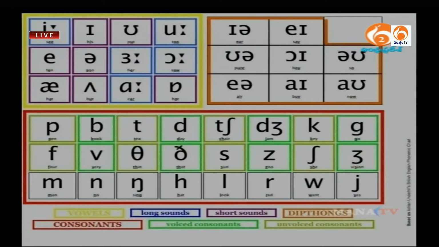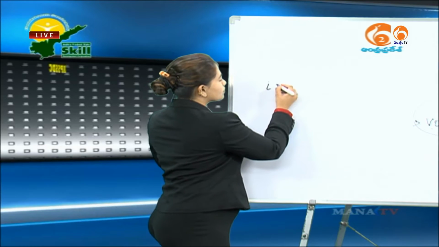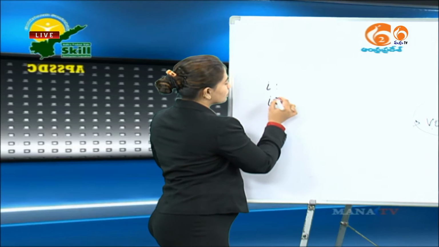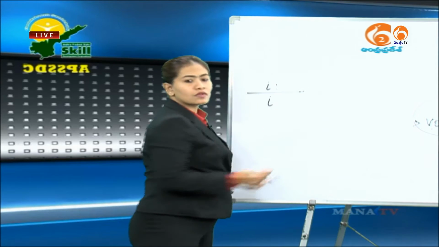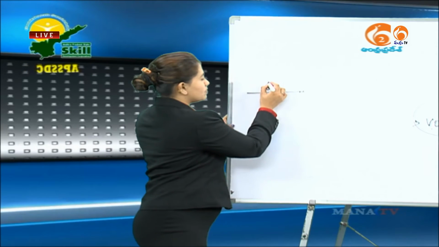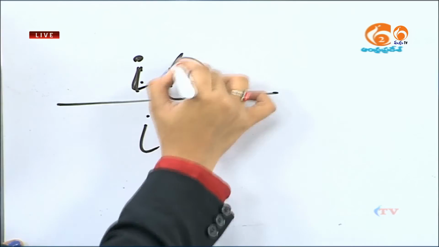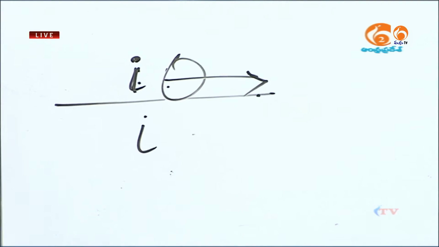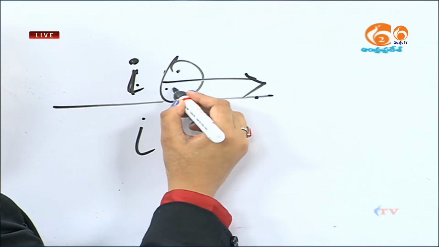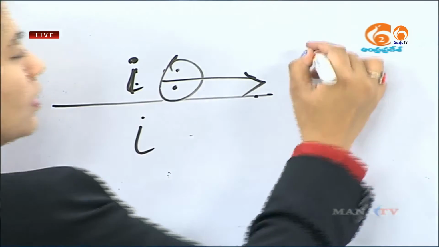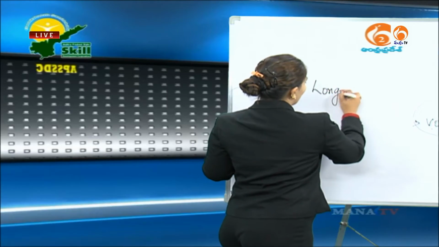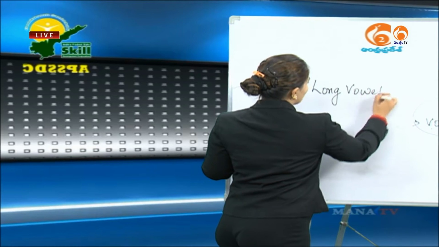Let's look at the board to understand this. Looking at this board, I say the colon here means it's a long vowel sound. When I say colon, it is like two dots, and I write this as long vowel sound.